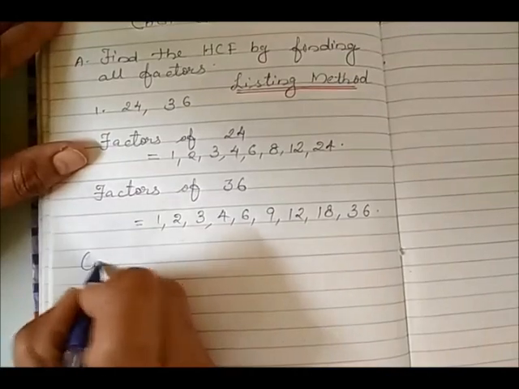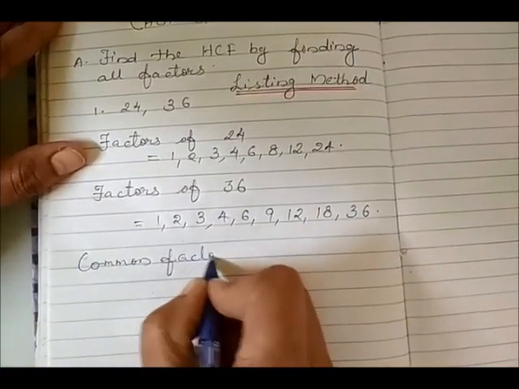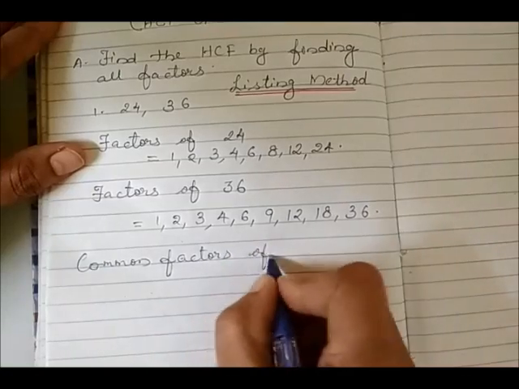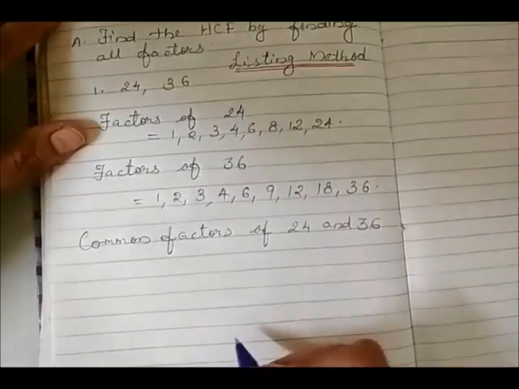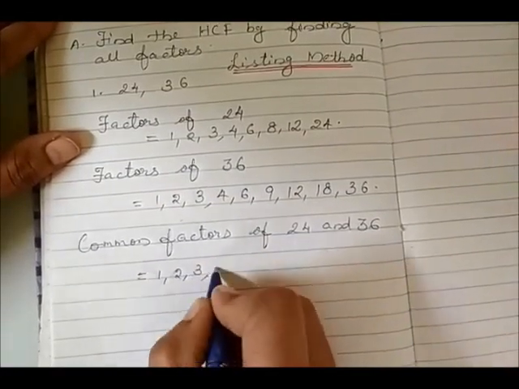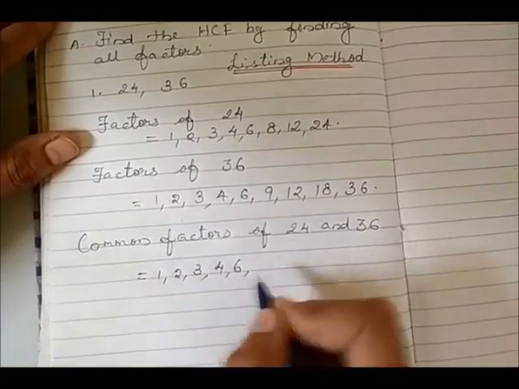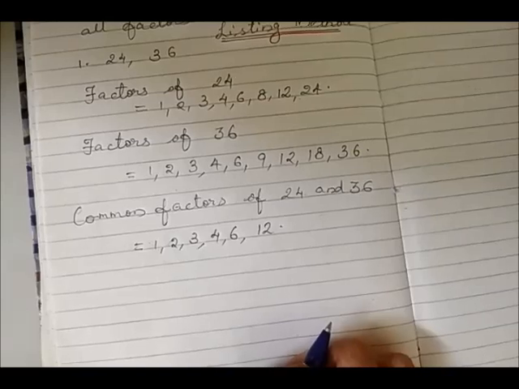So first you write common factors. Common factors of 24 and 36. What are they? 1, 2, 3, 4, 6 and 12. These are the common factors, and what you have to find out?